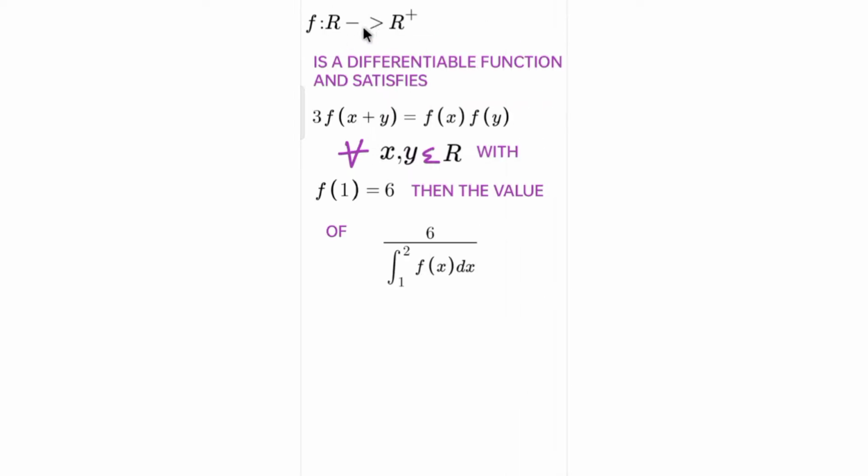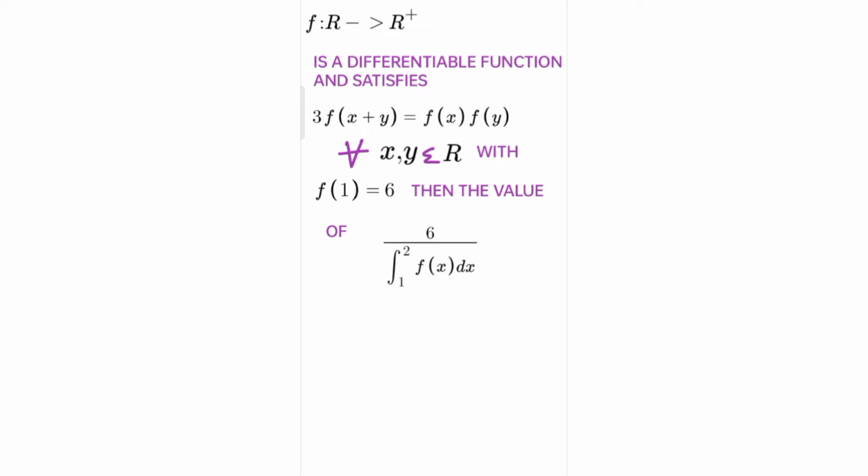So the problem is, f is a function from R to R plus. It's the positive region, so you cannot consider the whole R, it's not R minus, it's just R plus.